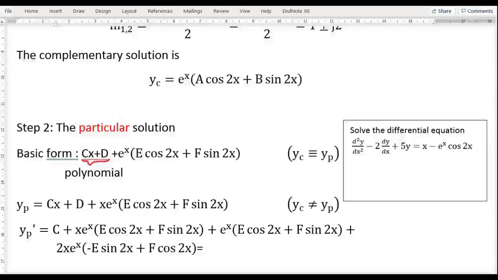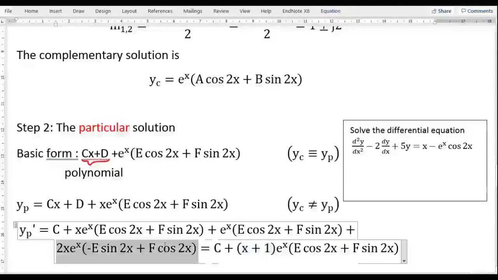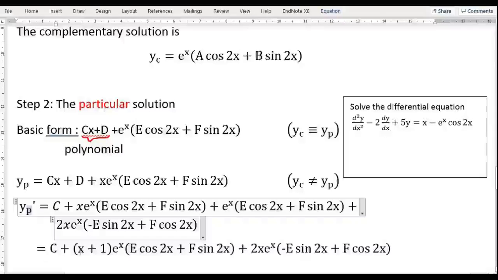We can rearrange so that when we differentiate this function, it will not be too complicated: x plus 1, and the bottom part here will be maintained. That will be our yp prime. Or we can factorize this, so it becomes this expression, which will be easier for us when we want to take the second derivative of yp.